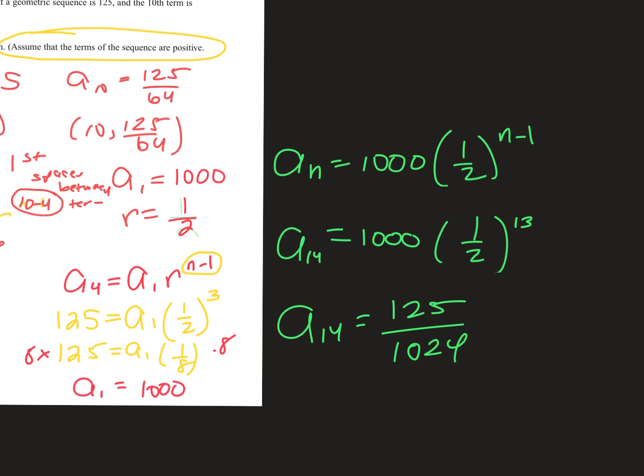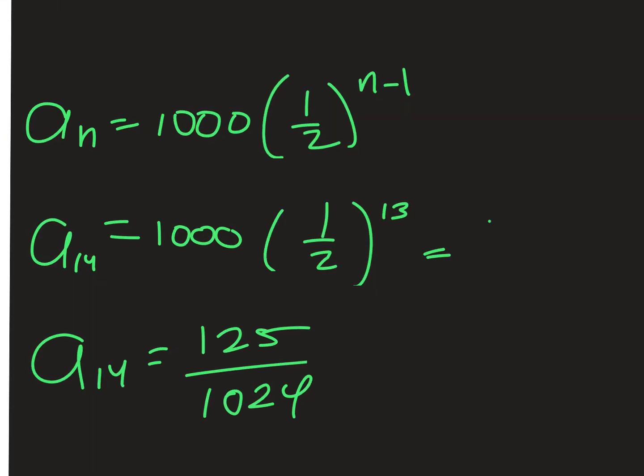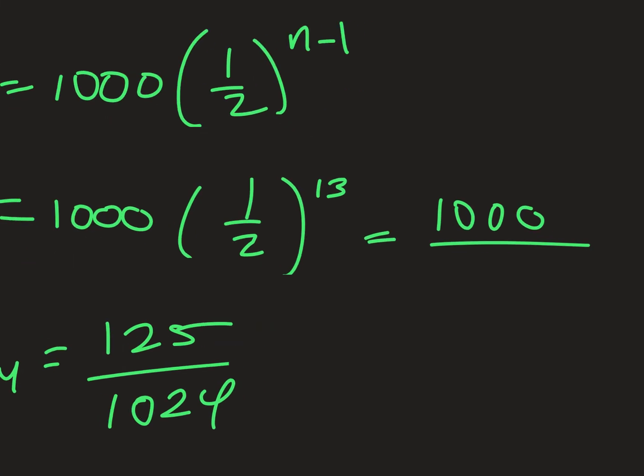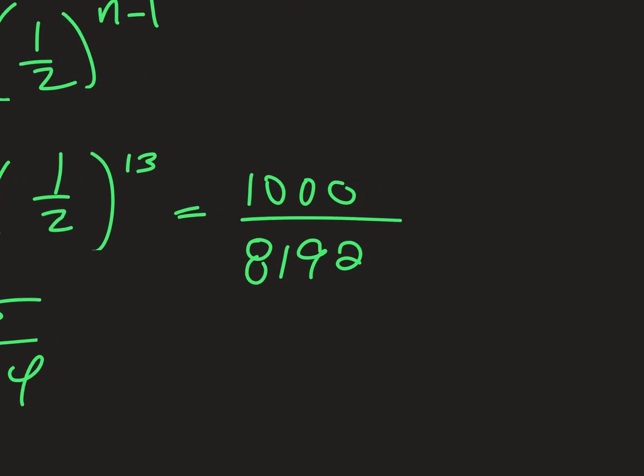I could show you how to do it by hand, though. If you did it by hand, though, think about it. This would be 1,000 over, what's 2 to the 13th power? 8192? Okay. And then just simplify. What number is going to go into both of those?